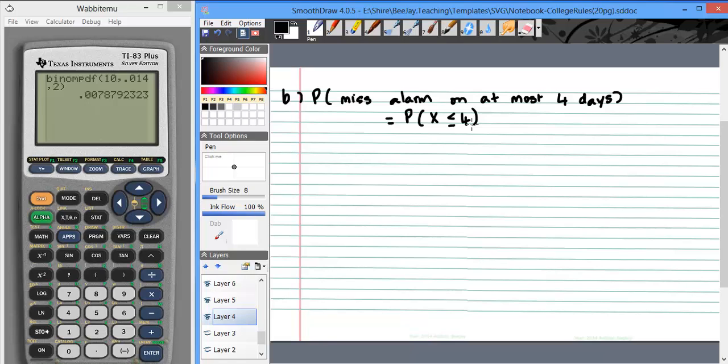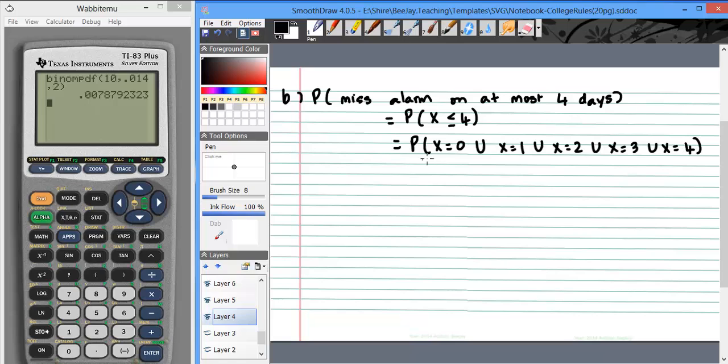Now if x is less than or equal to 4, then we have several possibilities. So we would have probability that x is 0, or, and or means union, x is equal to 1, or x is equal to 2, or x is equal to 3, or x is equal to 4.